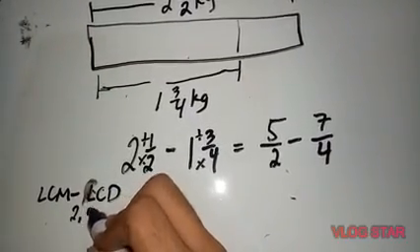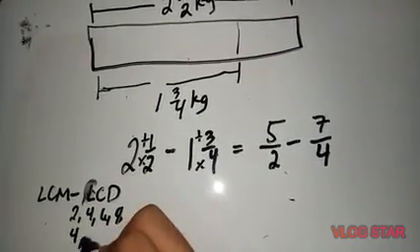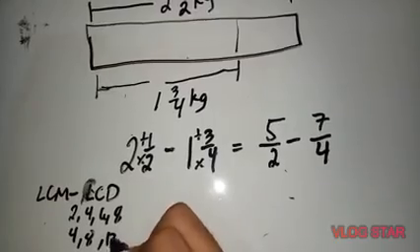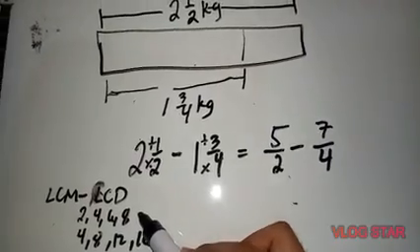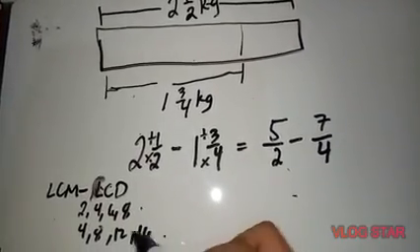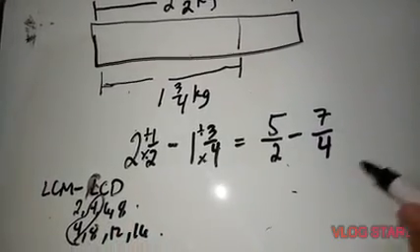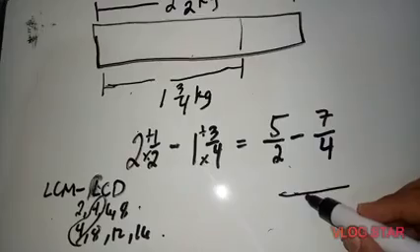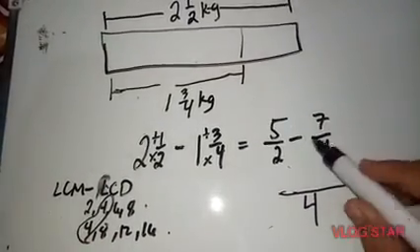Multiples of 2: 2, 4, 6, 8. Multiples of 4: 4, 8, 12, 16. As you can see, their least common multiple is 4. So we will use 4 as the new denominator of the two fractions.